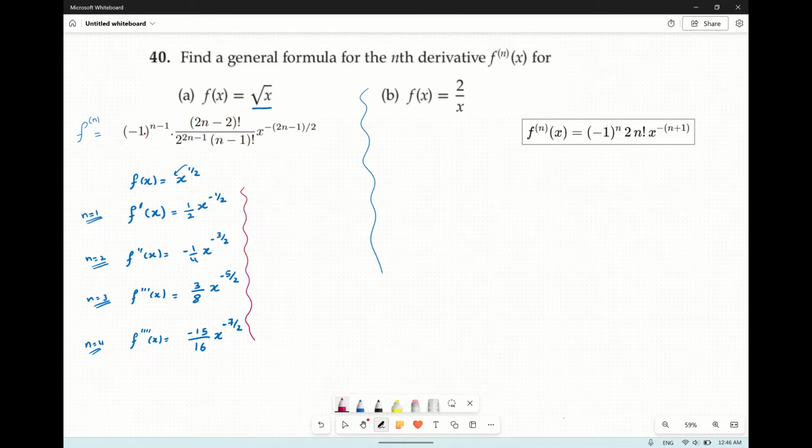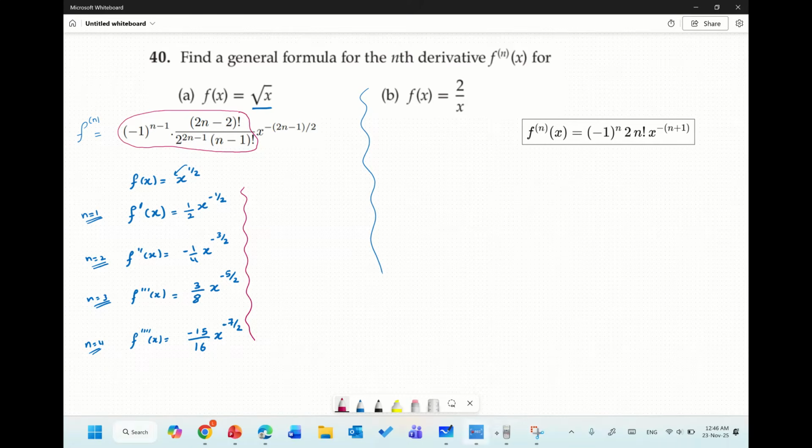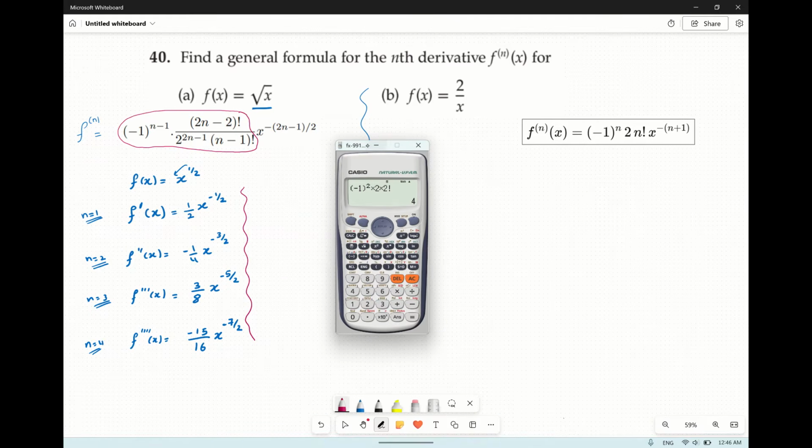So when n is 1, you are going to put all of this in your calculator. So let us go to our calculator.